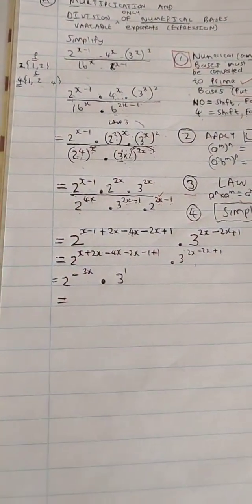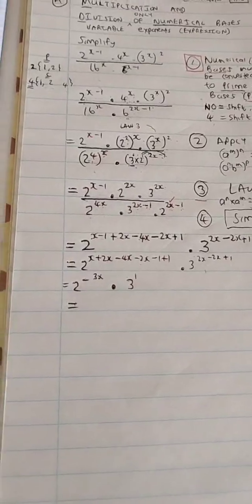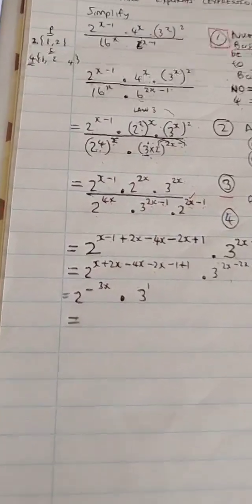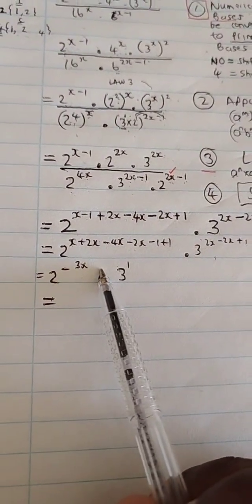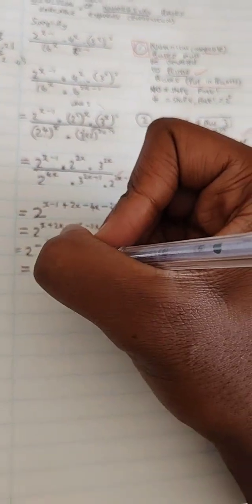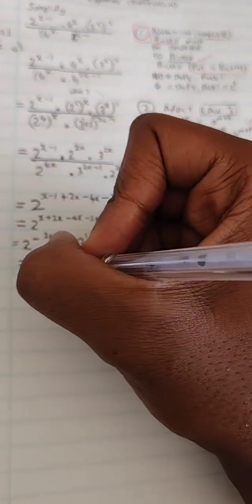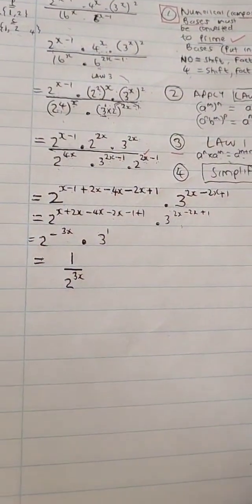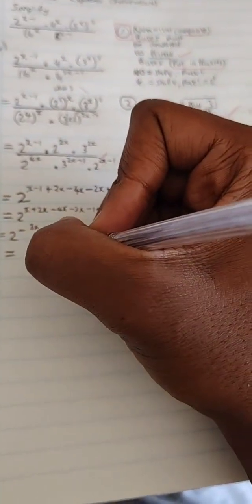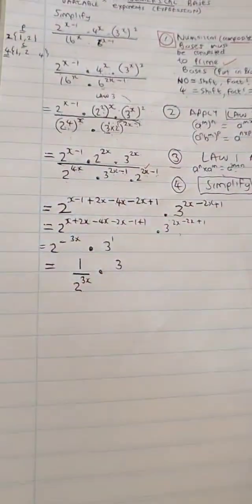Then remember, guys, our answer needs to be in positive exponents. We can't leave our answer in negative exponents. So this is going to be 1 over 2 to the power 3x times 3.